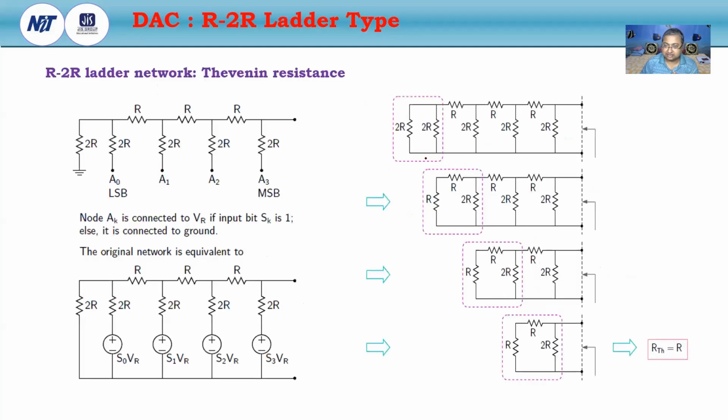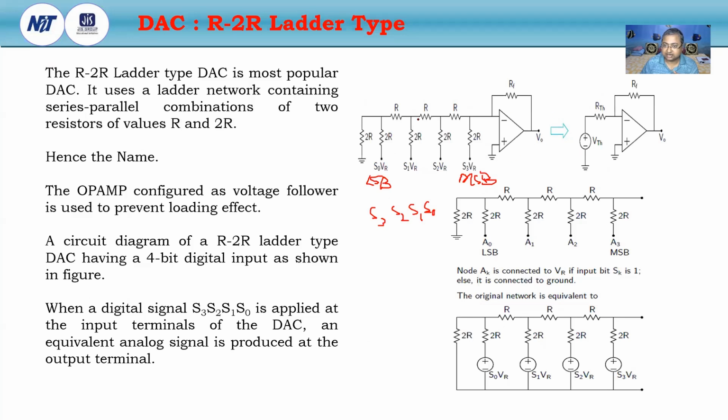Here this is the R, here this is the R, we will get the total Thevenin resistance, and according to the applied voltage we will get the Thevenin voltage. So in the simple diagram like this, this is the Thevenin voltage, this is the Thevenin resistance, and this is the voltage follower circuit of the op-amp.